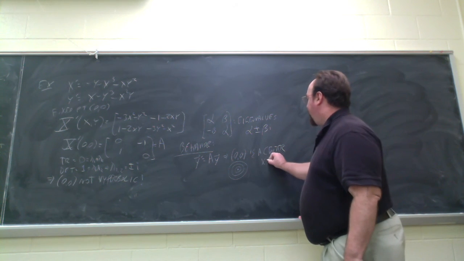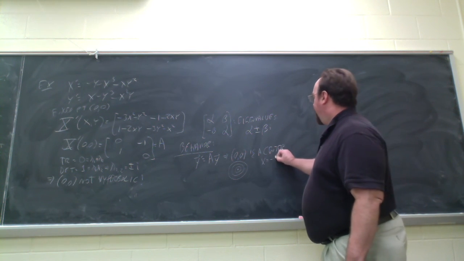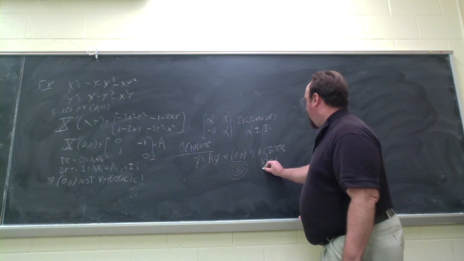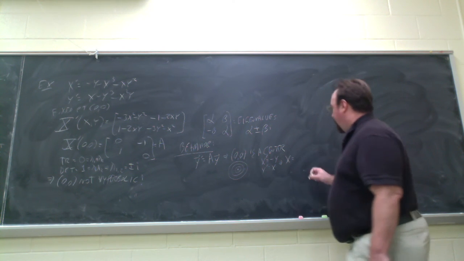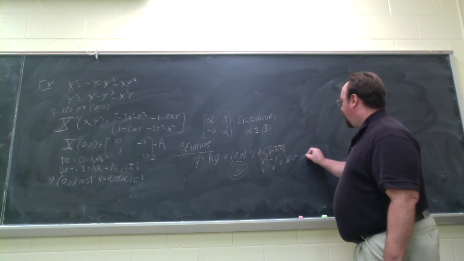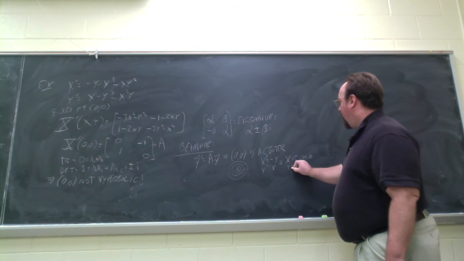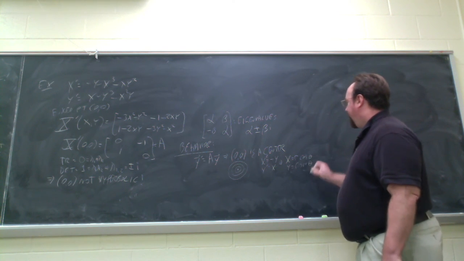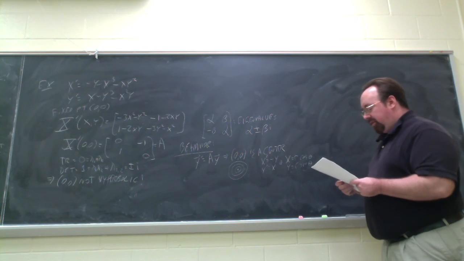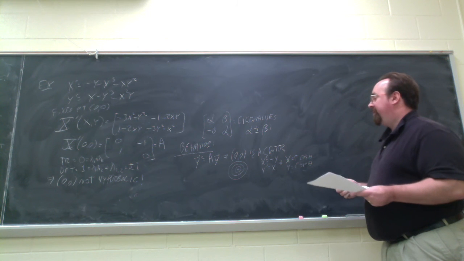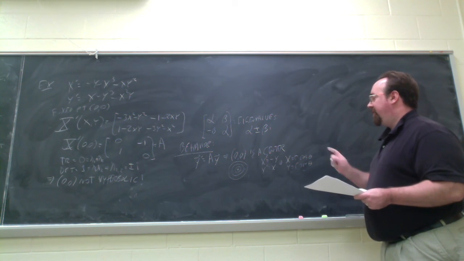Because x prime is minus y and y prime is equal to x, that tells you x is equal to r cosine theta and y is r sine theta. So that's how you get concentric circles. Now, that's the linear system.